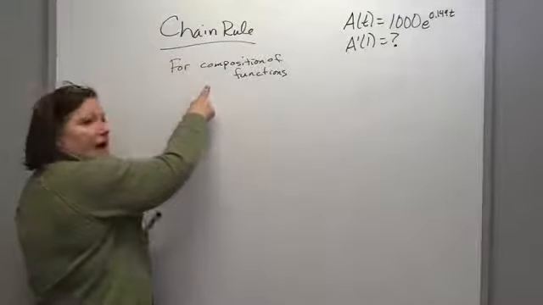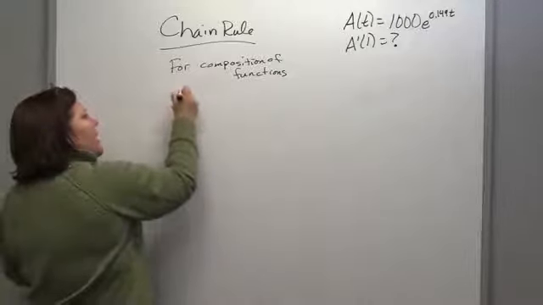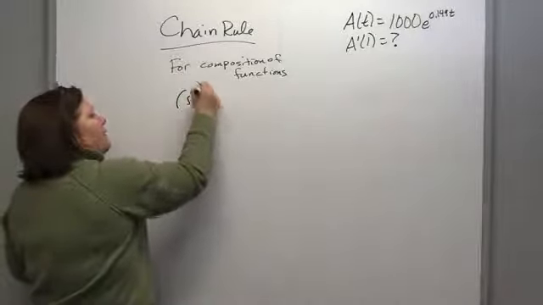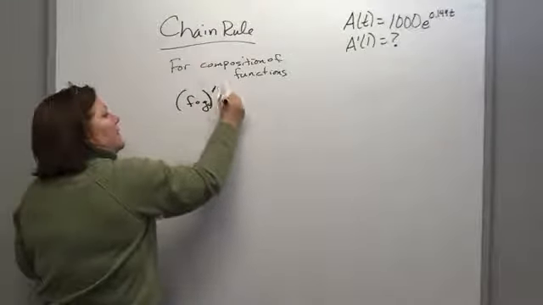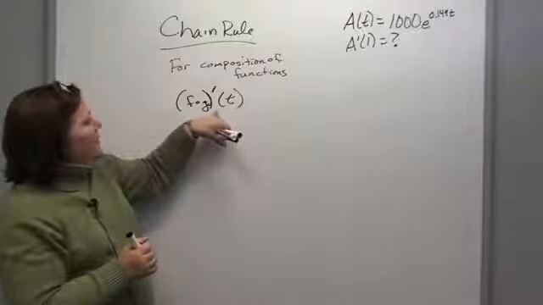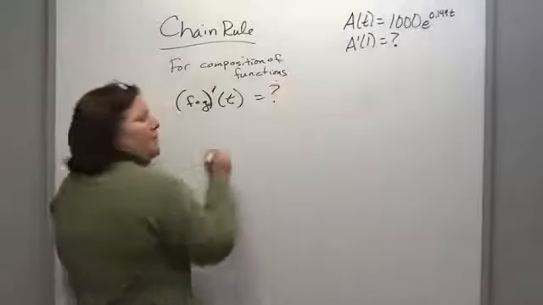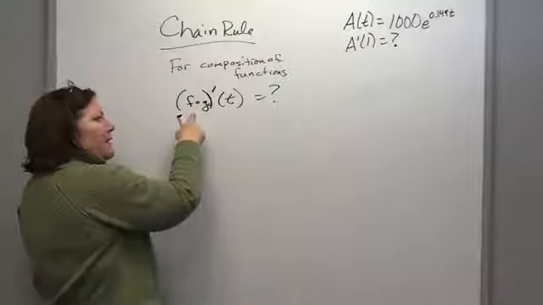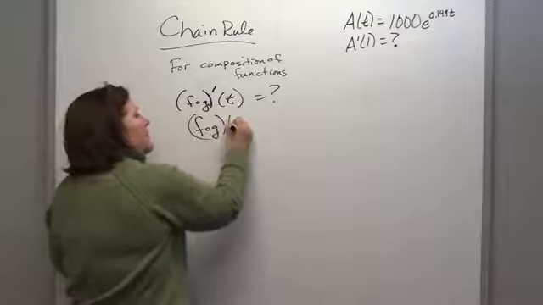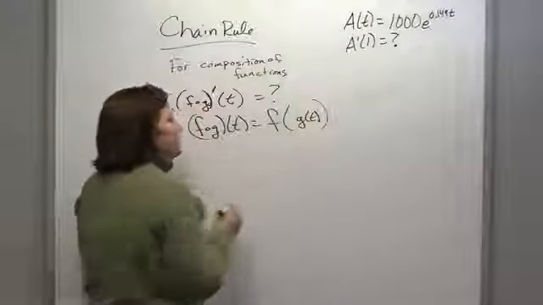So when we have composition of functions and we can't do any other simplification, we have the derivative of f composed with g. That's what we're asked to find. Right, and this is notation for f of g of t.